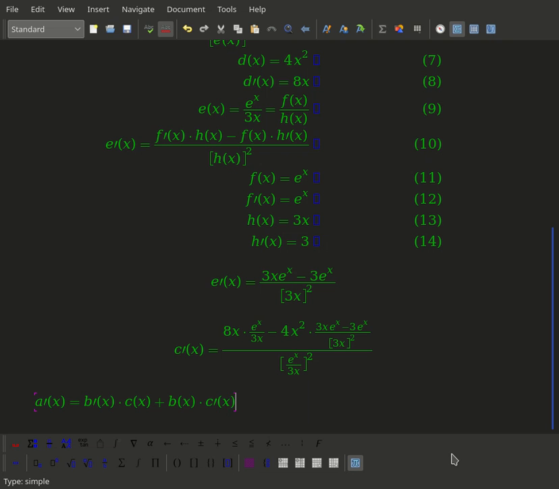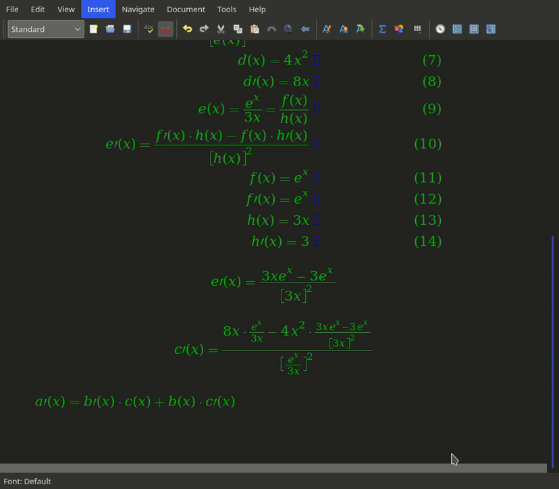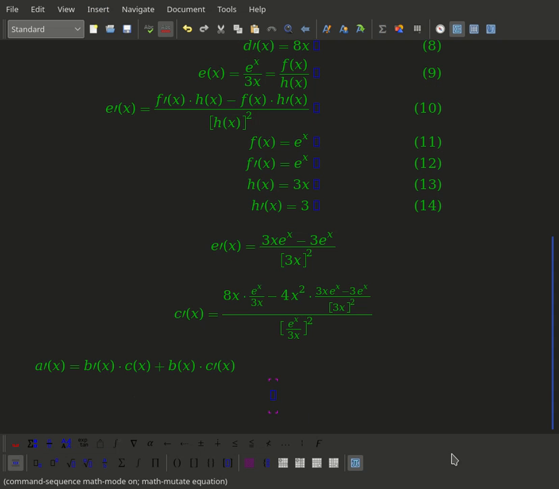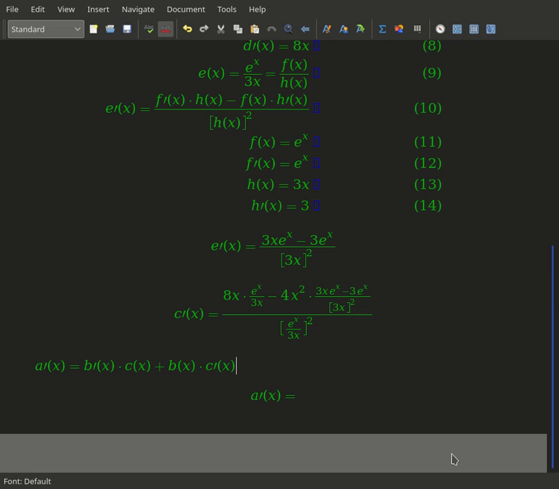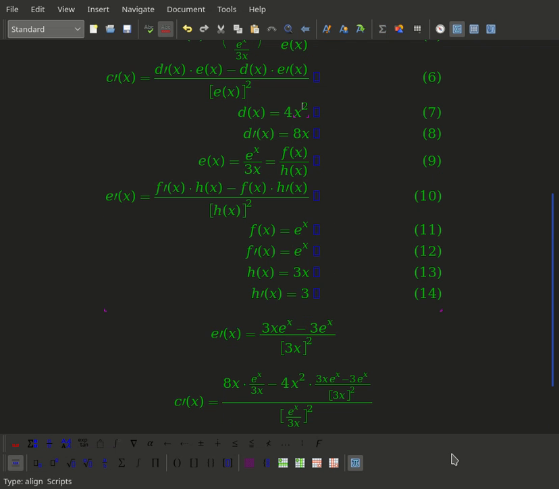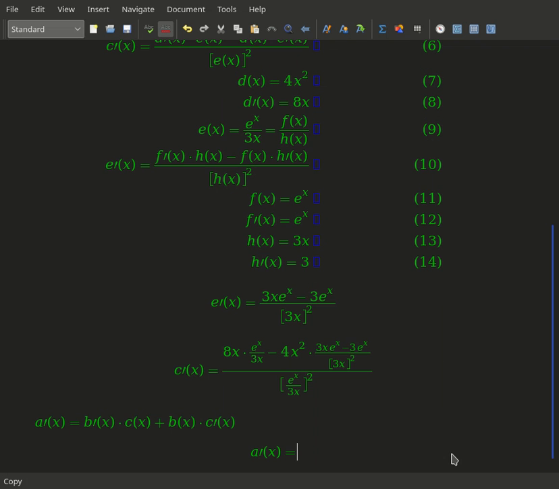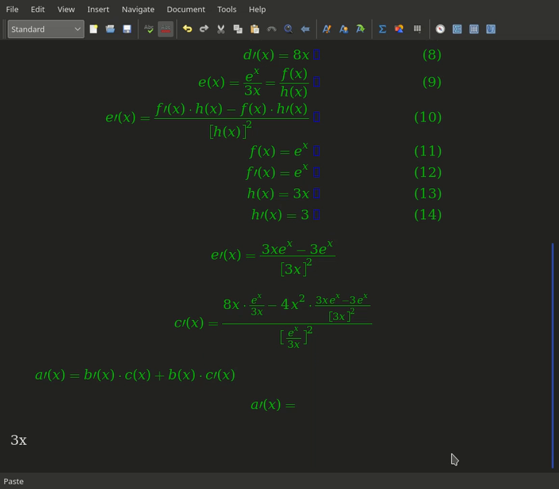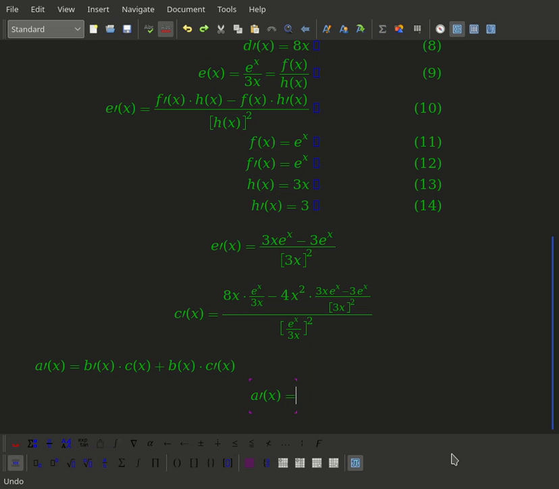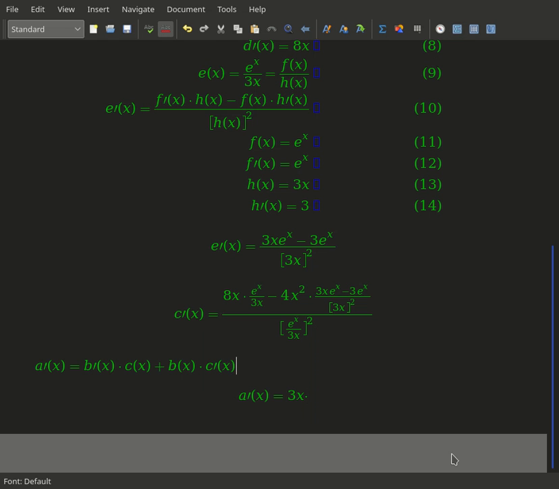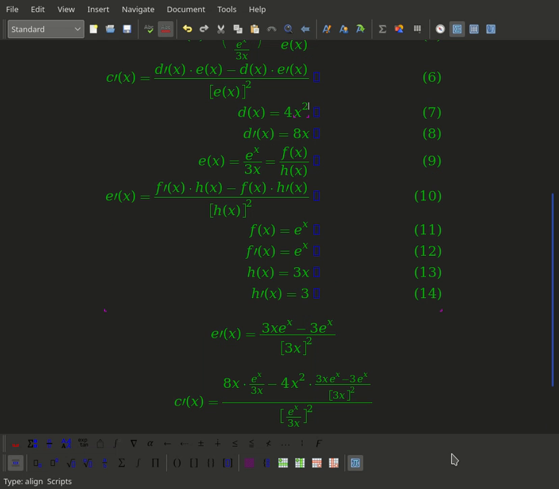So we've solved all of those pieces at this point, so now we're just going to plug them in. Insert math display, a prime of x is equal to, and now we just go hunting back for our notes. B prime is nice and easy, 3x. Times c of x. Let's find that one.